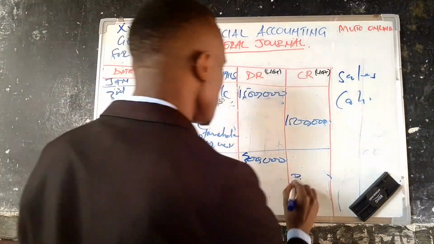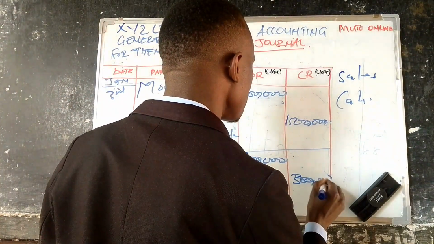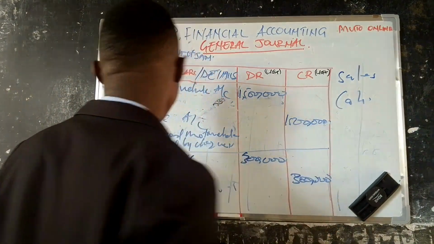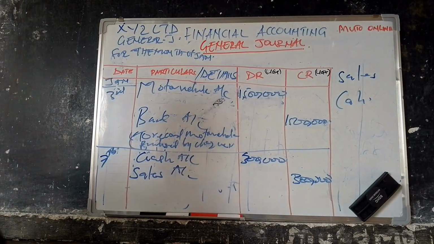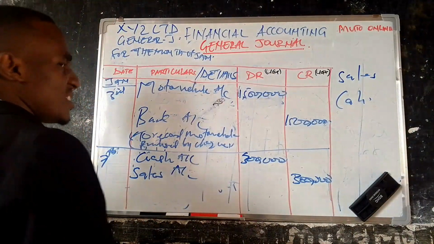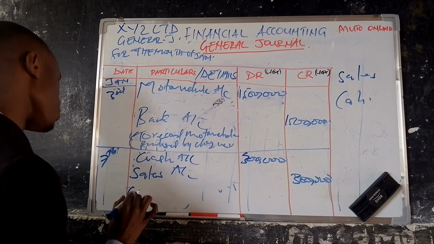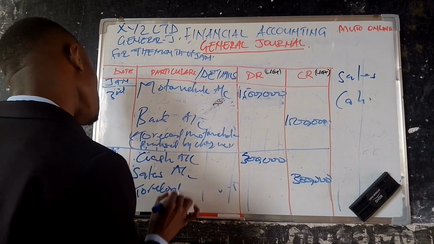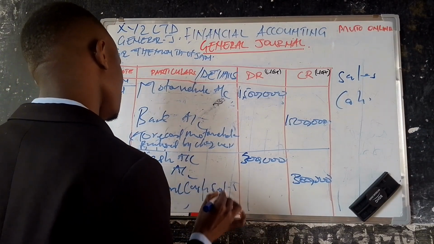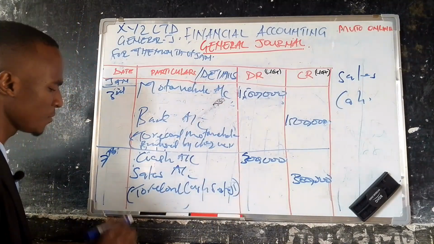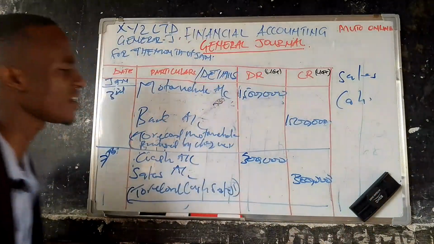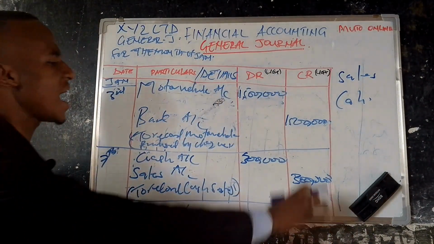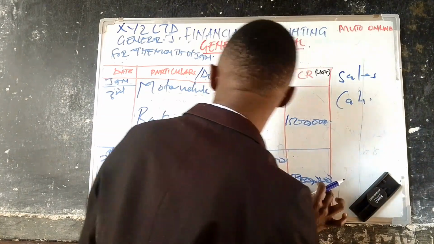That is 300,000. You give a reason as to why, say, being cash sales, or to record the cash sales. Anything you could record. To record the cash sales into the business, one may stop. You see, this transaction is recording itself, and it is balancing: 300,000 and also 300,000.